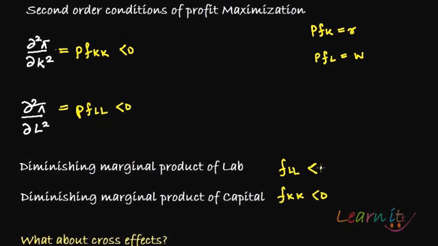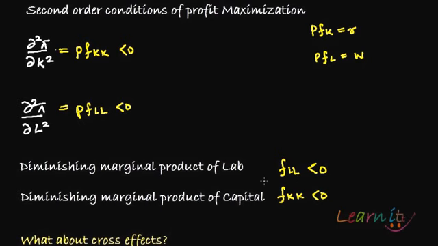Why? Because f_KK is less than 0 and f_LL is less than 0. f_KK shows the diminishing marginal productivity of capital. f_LL shows diminishing marginal productivity of labor.